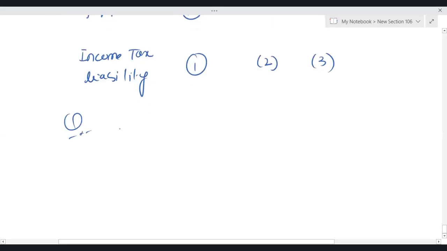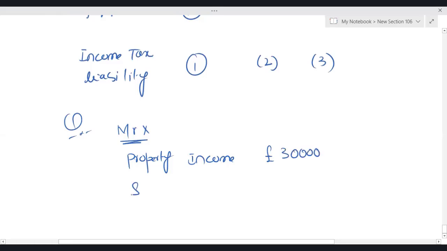Okay, now let's say we have Mr. X. Property income 30,000. Saving income, let's say 20.